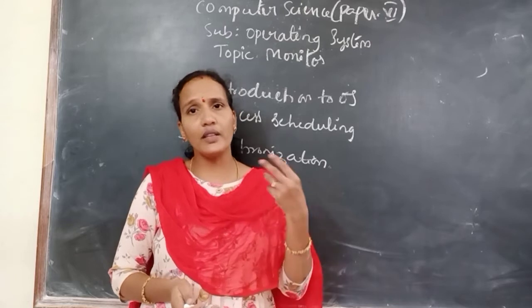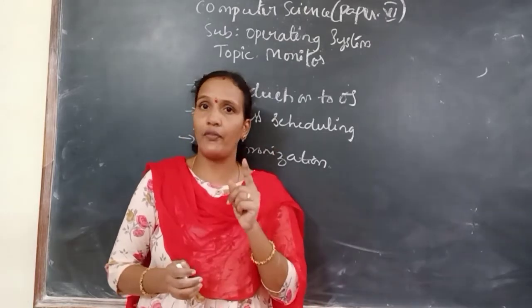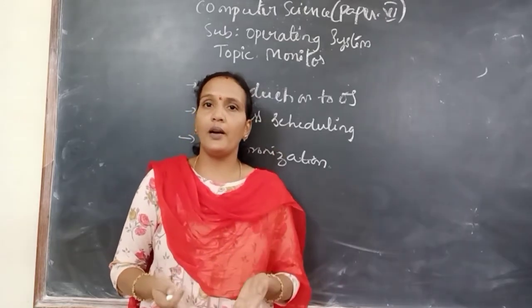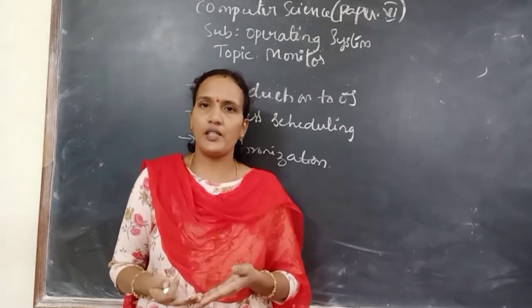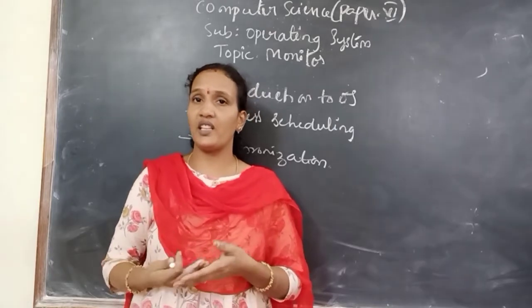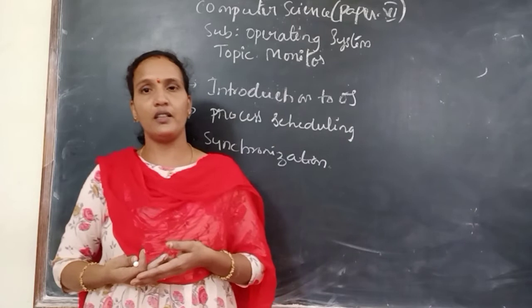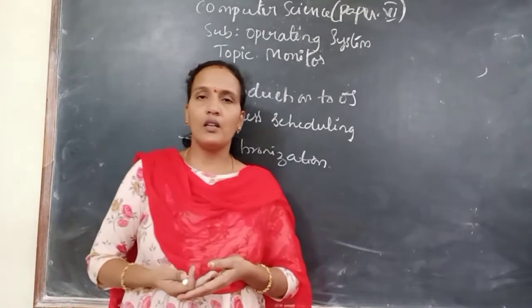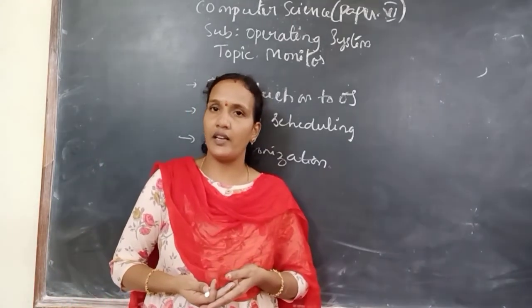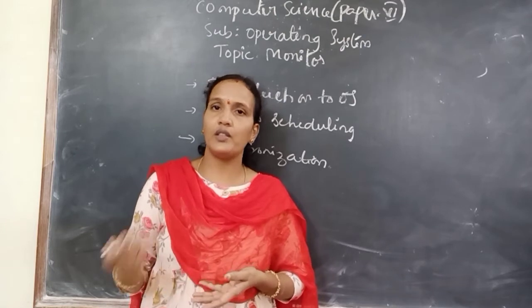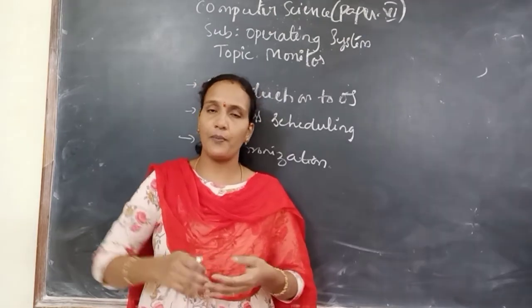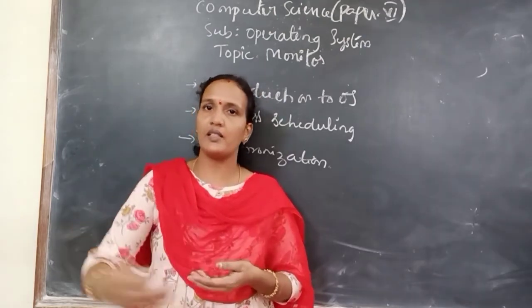Again, in the process, the definition is very important. And there are different states of a process: ready state, running state, waiting state, suspended state, dead state, exit state. Ready state means the process is ready for execution but is waiting for processor time. Running state means the process got the CPU time and is executing.